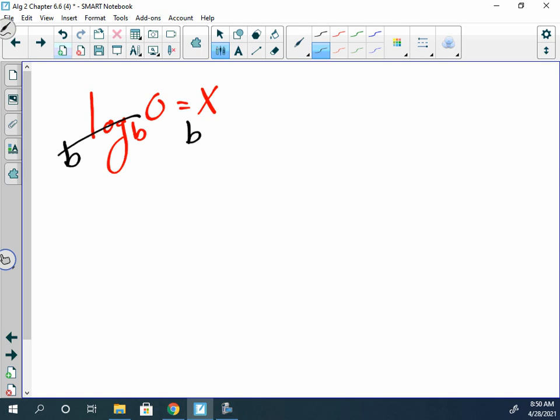Those would cancel, telling me b to the x is equal to 0. Well, one of the first things we covered with exponential growth and exponential decay is that there is no exponential, no matter what the base is, that will ever equal 0. This would never work. So we can't have 0 inside the log.